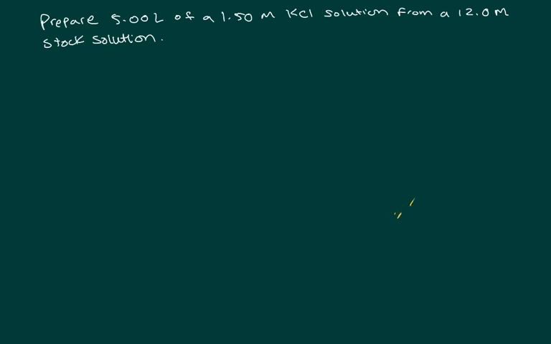So our M2 then is going to be the molarity of our stock solution, which is 12.0 molar, and volume 2 is what we're trying to solve. So let's solve for this equation. It looks like we need to solve for V2, and we can simply do that by dividing M2 on both sides. So V2 becomes M1 times V1 over M2.